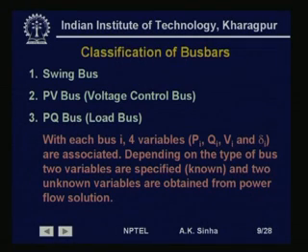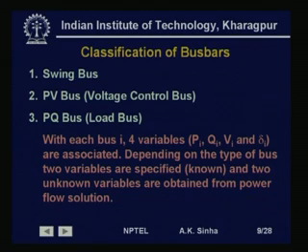So, the swing bus has voltage magnitude and voltage angle specified, whereas at other generator buses we can control the real power. So, we specify the real power, and since most of the generator buses also have a voltage regulator, the voltage at the terminal can be fixed, because the regulator will automatically adjust it to that voltage.